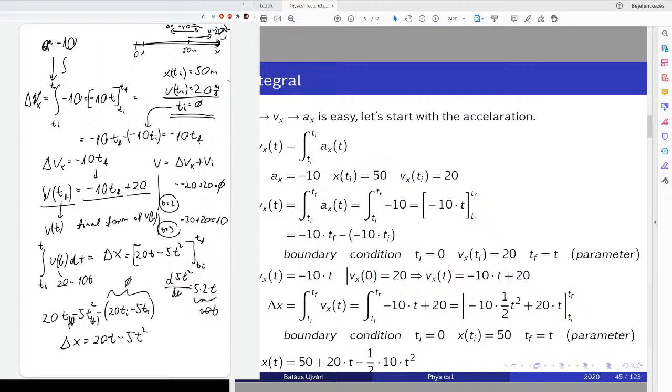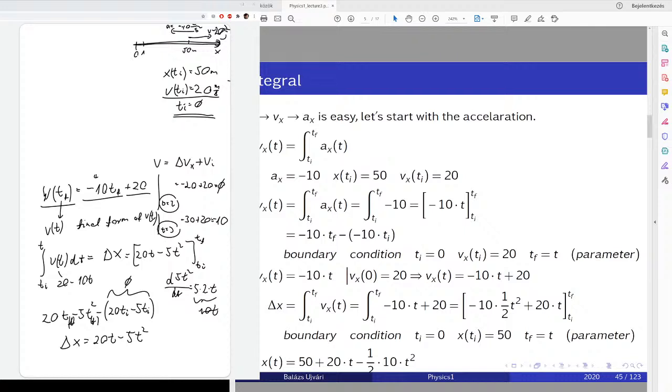I take a picture and clear the upper part of the table. For example, this one. So the correct form is the xt is the initial plus delta x.